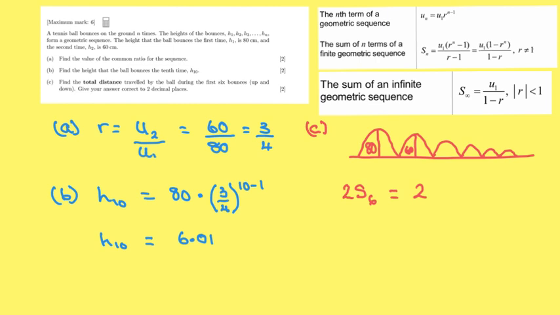Which is equal to 2 times u1, which is 80, times r to the n minus 1, where r is 0.75 and n is 6, so 0.75 to the 6 minus 1, divided by r minus 1, which is 0.75 minus 1. So do this on a calculator.